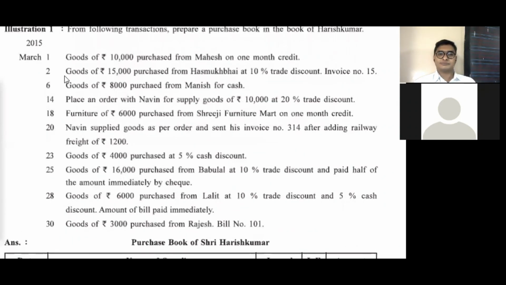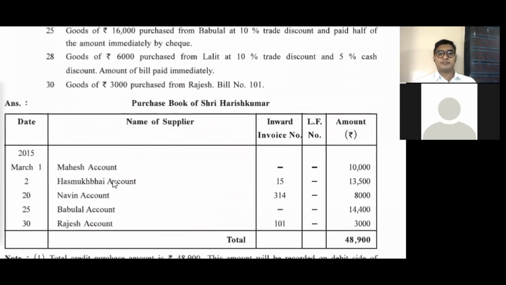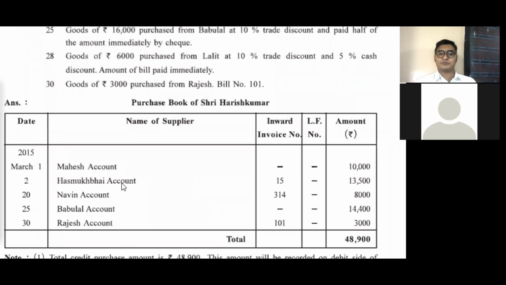Second, goods of 15,000 purchased from Hashmukh Bhai at 10% trade discount, invoice number is 50. Here name of person is given, so it is again a credit transaction. We have to write down name of person, Hashmukh Bhai account.